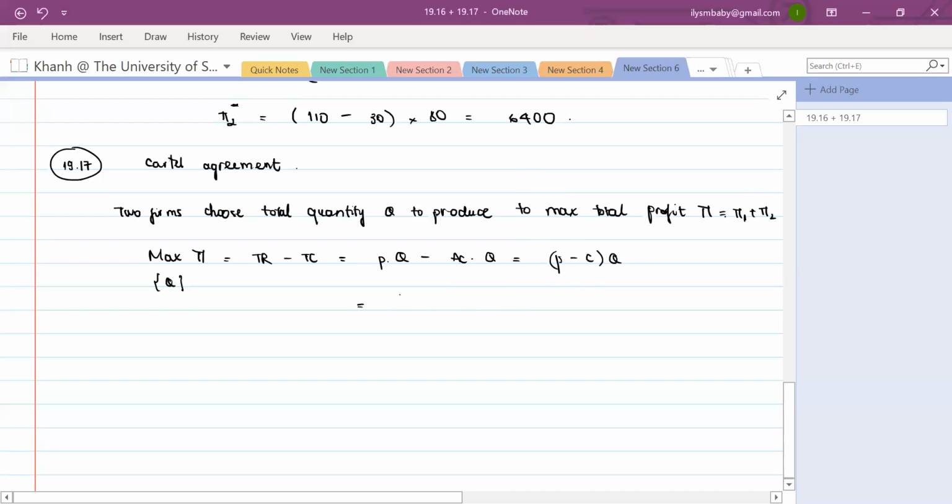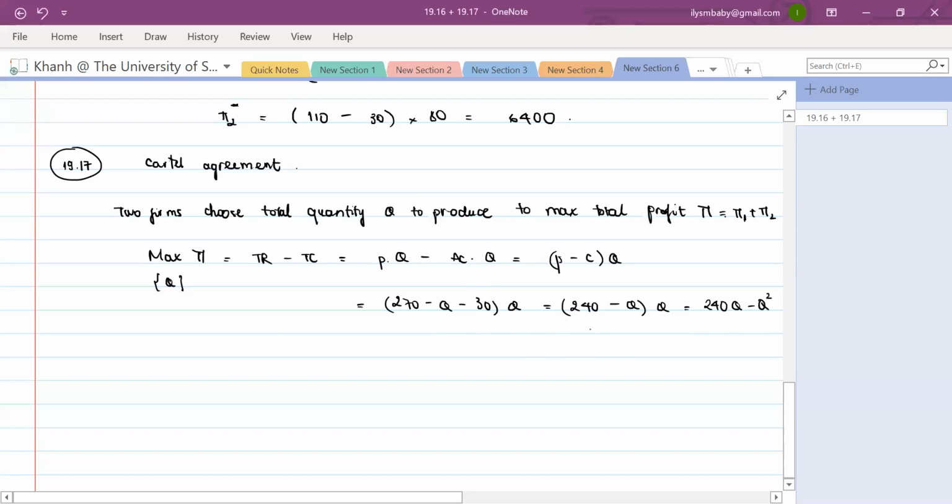Now again, we would like to substitute P, which is 270 minus big Q, and minus C, which is 30, and everything multiplied by Q. So I will get 240 minus Q times Q, which is 240Q minus Q squared.